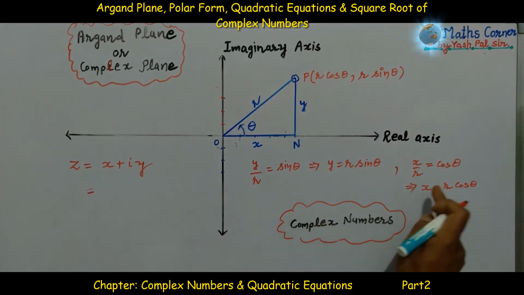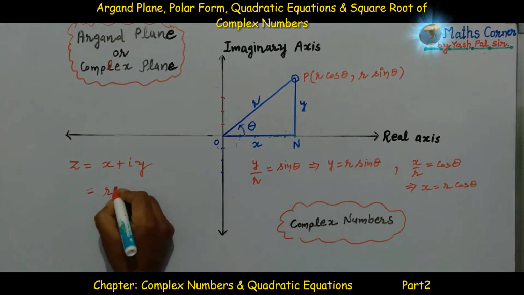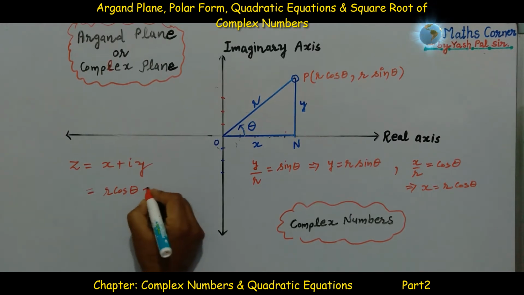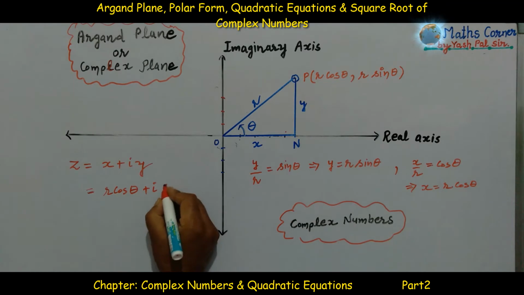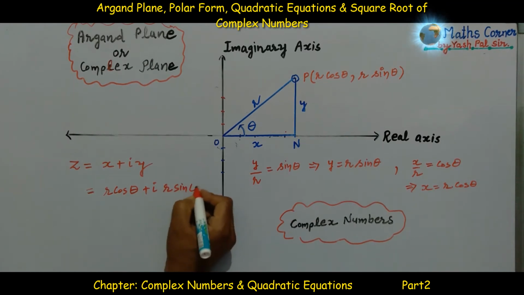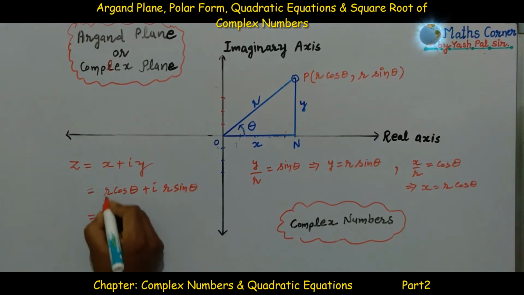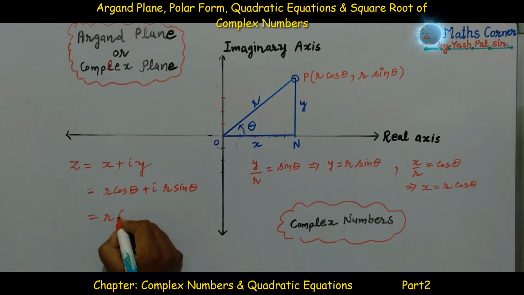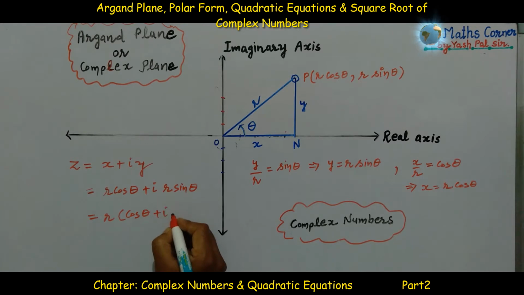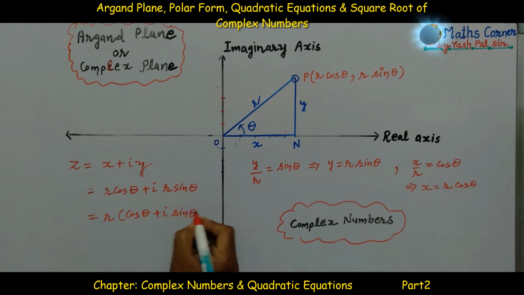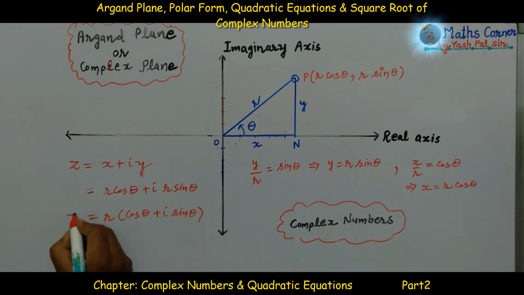X value is r cos theta plus iota, y means r sin theta. Now taking r common, we are left with cos theta plus iota sin theta. So z is equal to this form.